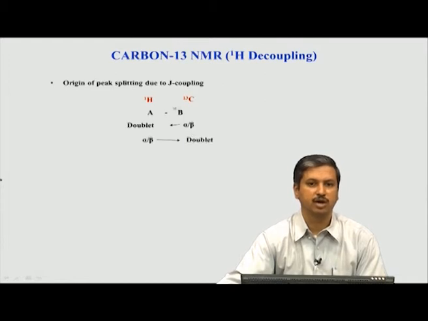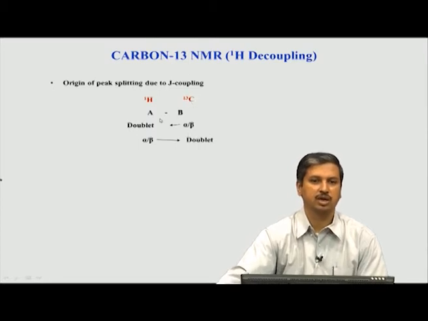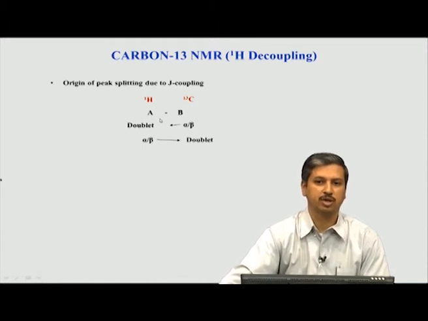Similarly, if I look at the carbon, the same thing happens. Carbon 13 is attached to a hydrogen, and this hydrogen has 2 possible spin states, alpha and beta, and because of those 2 spin states this peak will become a doublet. That is what I was saying earlier, it is a mutual reciprocal interaction: if a carbon splits a proton into 2, a proton will also split the carbon into 2.